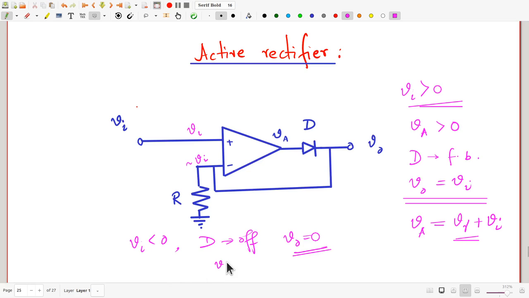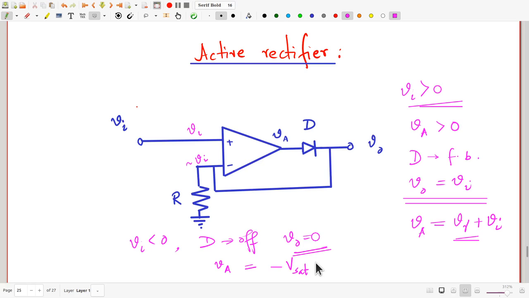And what about Va? Of course, now that you don't have a negative feedback path any longer, there is nothing to prevent the op-amp from going into saturation. In fact, the op-amp will go into negative saturation in this case, and you're going to get minus Vsat. So this circuit does work the way it is supposed to. It gives you a positive output equal to Vi when Vi is positive. It gives you 0 output when Vi is negative.